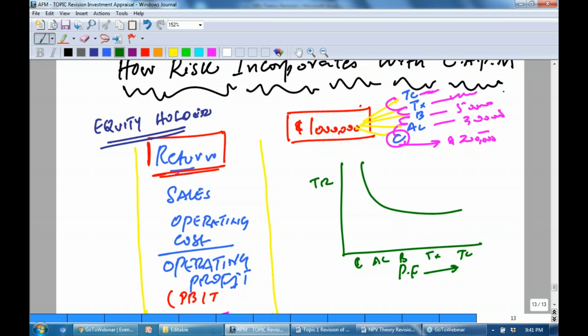The risk that you can avoid by this diversification, the specific risk you can avoid by diversifying the business, that's called unsystematic risk. But some of the risk still remains that cannot be avoided, that's the systematic risk.